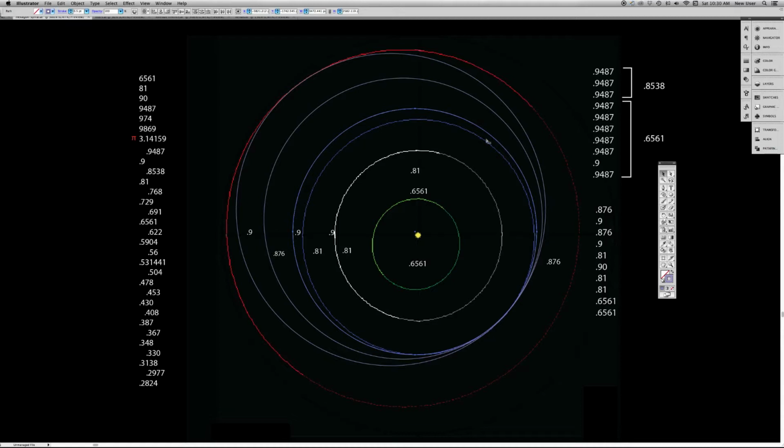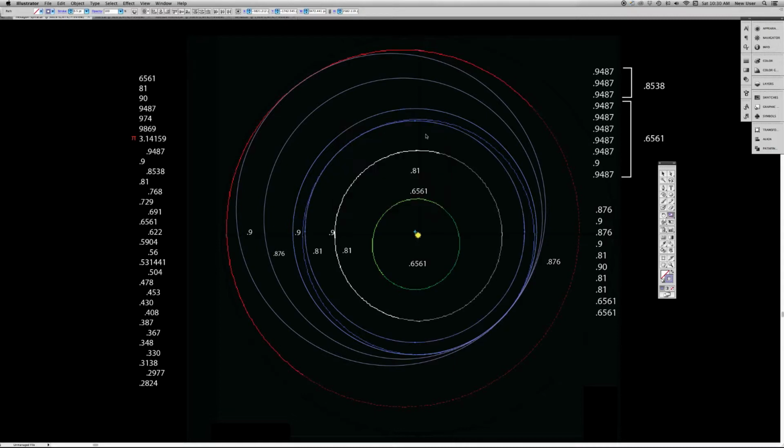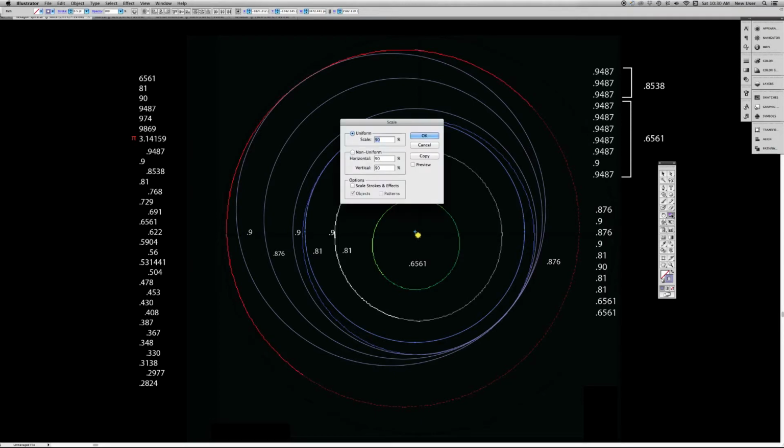Then a 90. And that makes the Earth a transfer orbit between those two. Next reduction, 81.